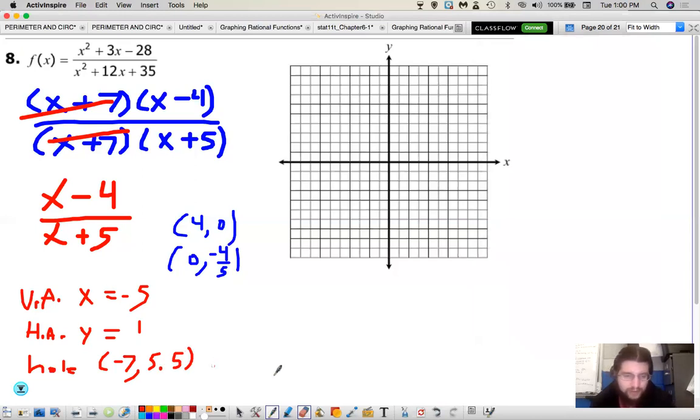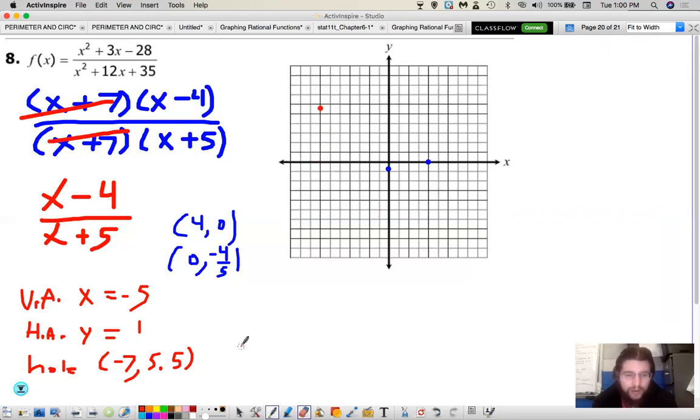Plot everything. I'm going to start with my 2 points. 4, 0, and 0, about -1. Might as well put it there. And then I have a hole at -7, 5.5.